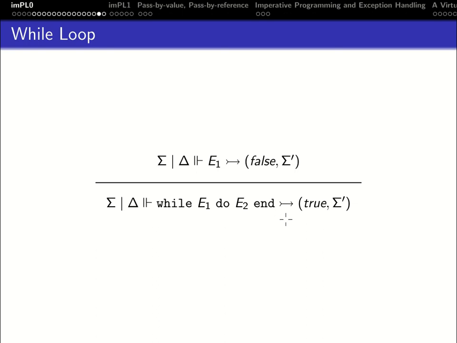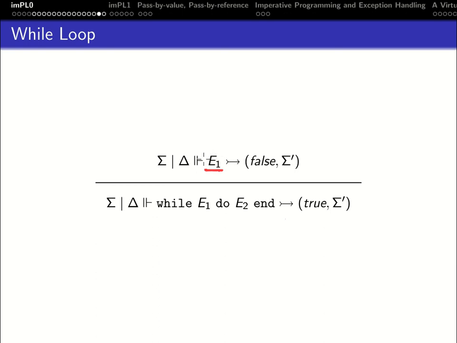So let's assume that, under the context of sigma delta, E1 evaluates to false. We're going to have several rules. The first rule: let's assume that E1 evaluates to false and sigma prime. If E1 evaluates to false, the while loop doesn't execute at all. Because it doesn't execute at all, the only side effects that we're suffering are the ones from executing E1.